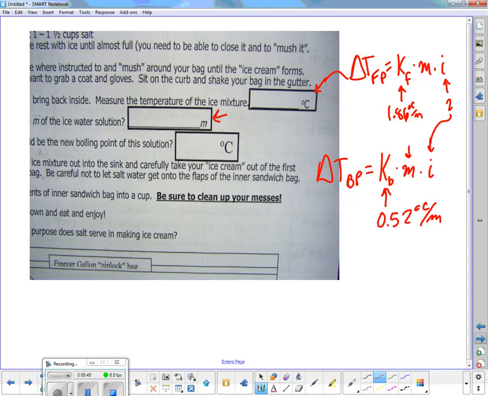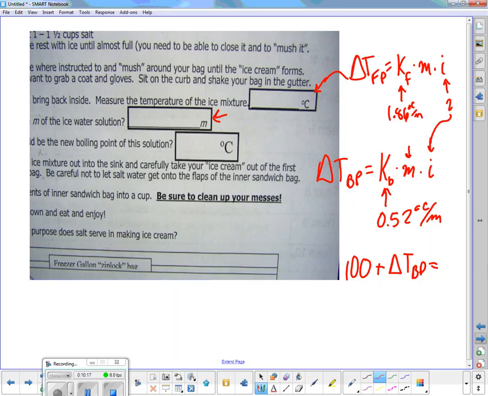And you're going to be solving for delta T. In order to get the new boiling point, though, is boiling point elevation. What temperature does water boil at? 212 Fahrenheit. What is it Celsius? 100. So I'm going to take 100 plus my delta T boiling point, and that will be my new boiling point. So you're going to need to do those calculations.